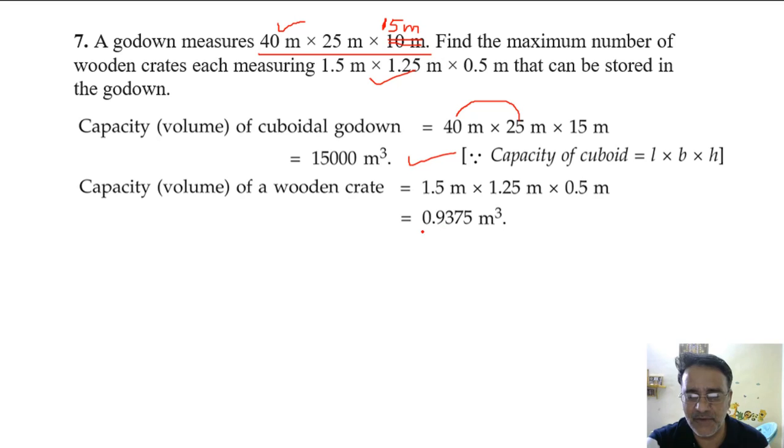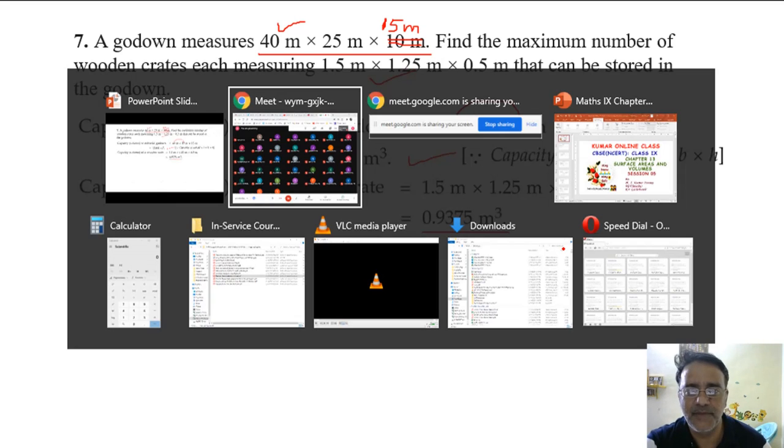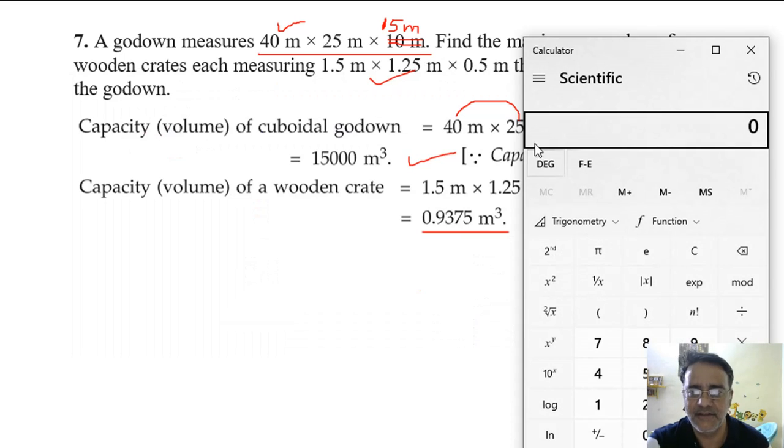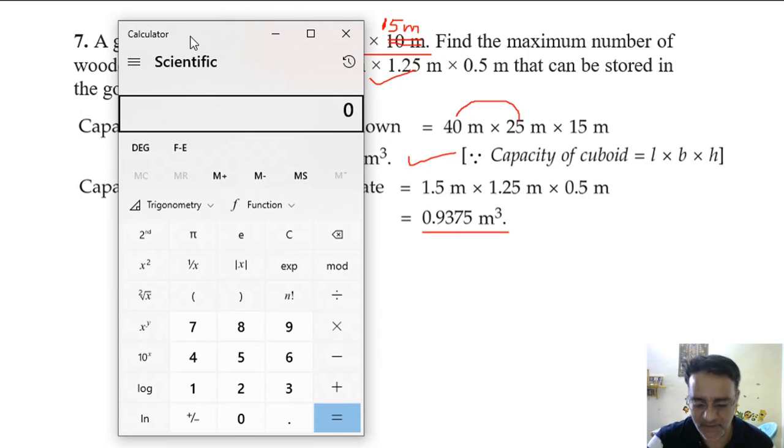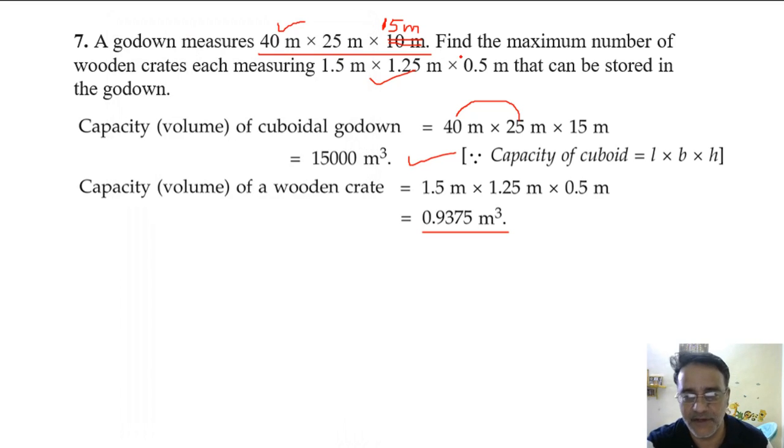If you multiply, you will get 0.9375 meter cube. Wait, let me check once, because 1.5 into 1.25 into 0.5. Right.